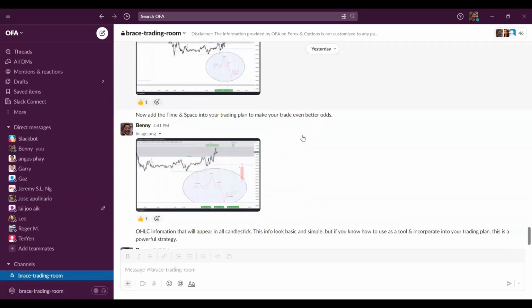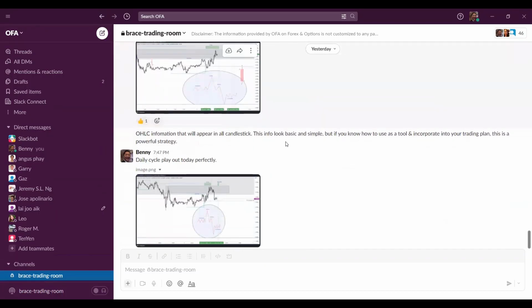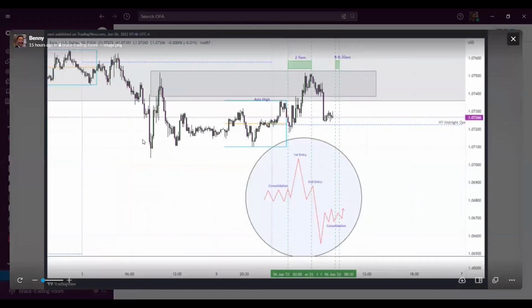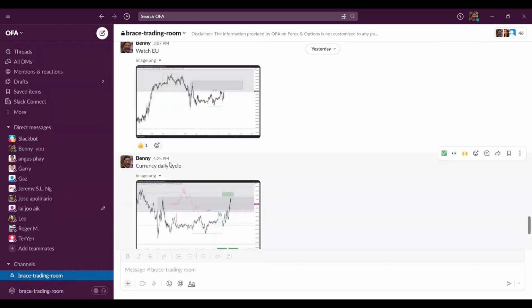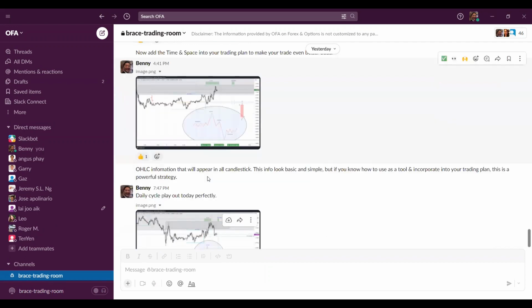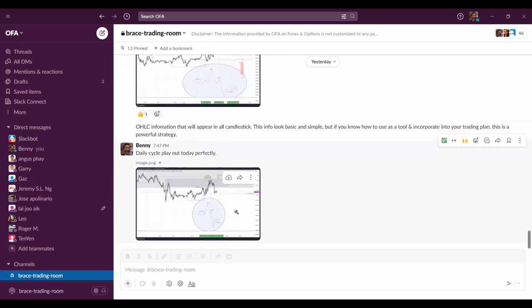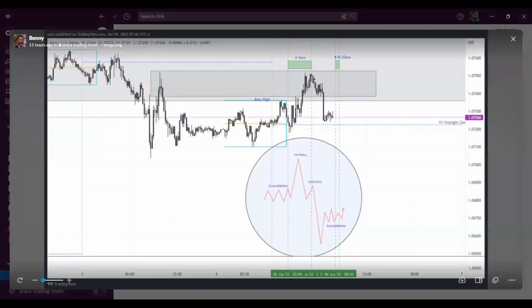So this was a trade. You can see the trade was posted in the afternoon, 4:25. By 7:47, you can see that price has already reversed and come back down to this area.